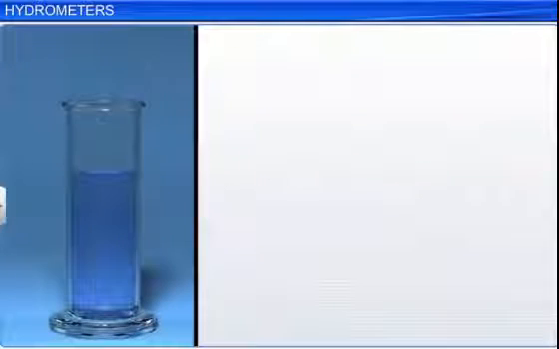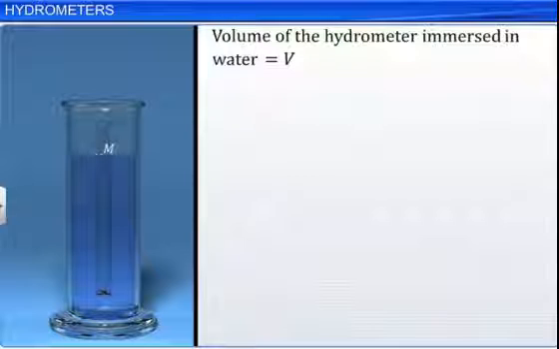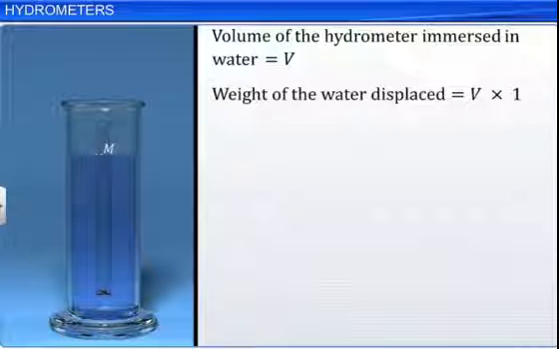First, the hydrometer is made to float freely in water in a jar. A point up to which the hydrometer is immersed in water is noted. Let this be M. Let the volume of the hydrometer immersed in water be V. Since the density of water is 1 gram per cubic centimeter, the weight of water displaced is equal to V into 1.